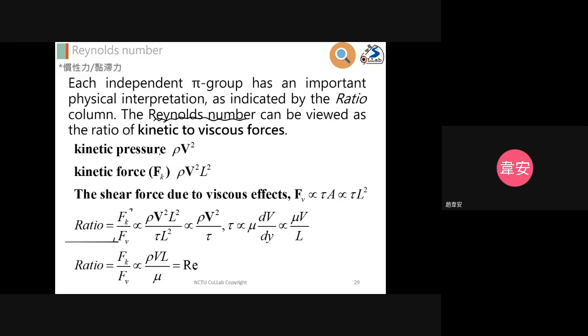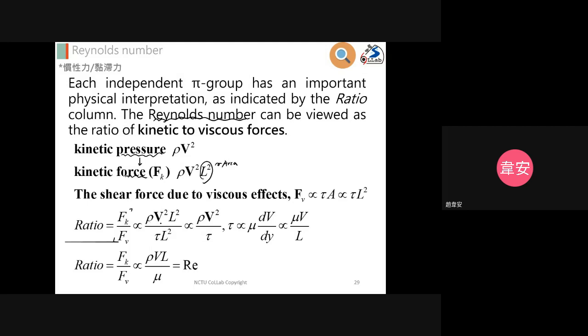The kinetic pressure is proportional to rho v squared. And this is actually the pressure unit, and we would like to convert it to force. So we have an additional dimension, L squared, related to the area. The pressure multiplied by the area converts the unit from pressure to force.